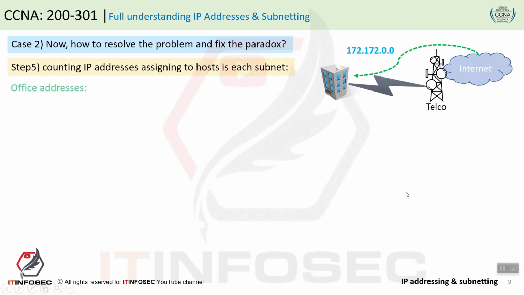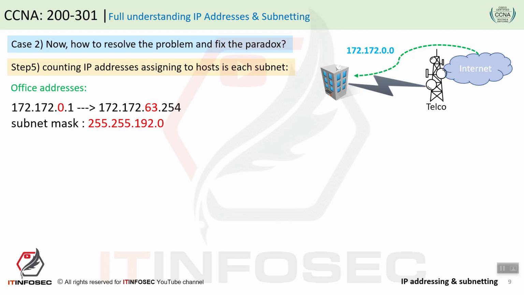Step 5. Counting IP addresses assigned to hosts in each subnet. Office addresses. The first office address is a valid IP address accessible from the internet. Keep in mind, in all solutions we do not need to perform any change in the NetID. The NetID stays the same for all customers.